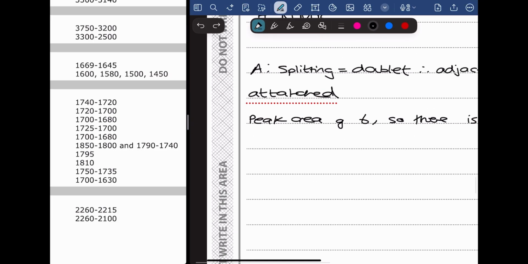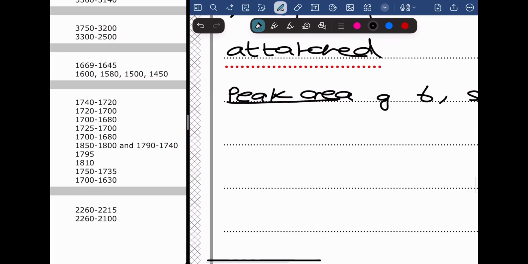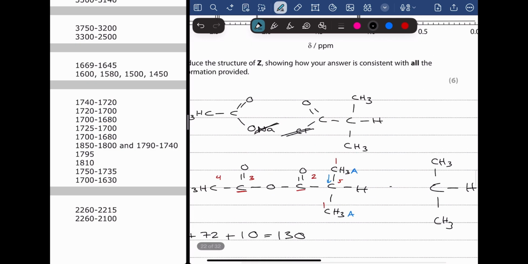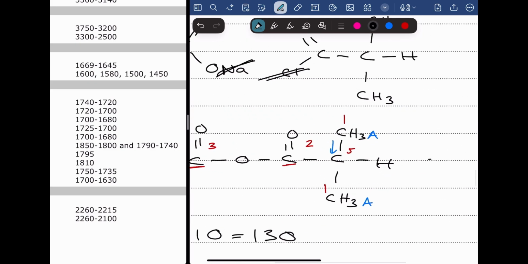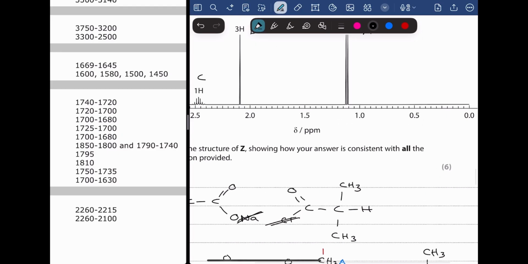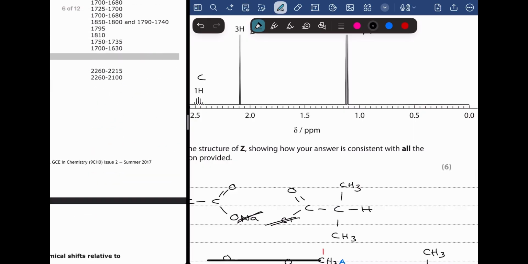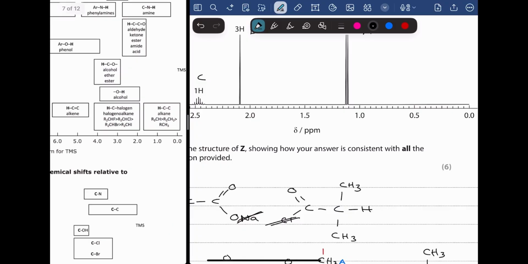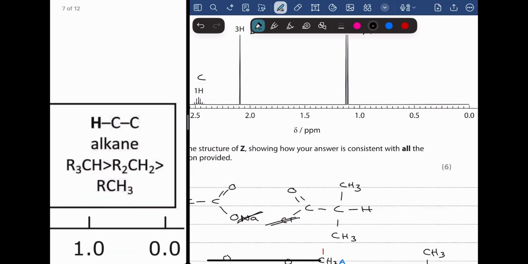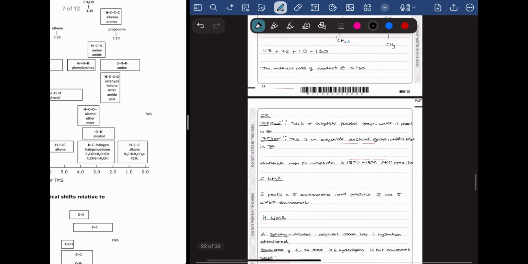Now what we need to do is the shift, right? So the chemical shift, and we can see that this carbon is purely just attached to, obviously, methyl groups, a hydrogen, and then another carbon with the double bond O. And we can see that that shift is at around, what's that, like 1.2. So let's just go to our NMR thing here. And if we see 1.2, the only thing that we can really spot is this one, the HCC bond, so it's the alkane.